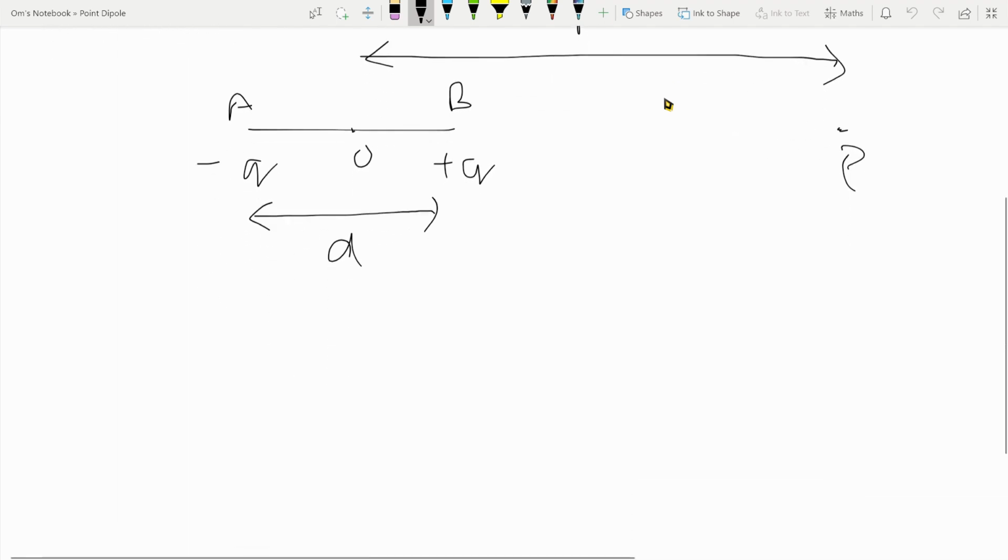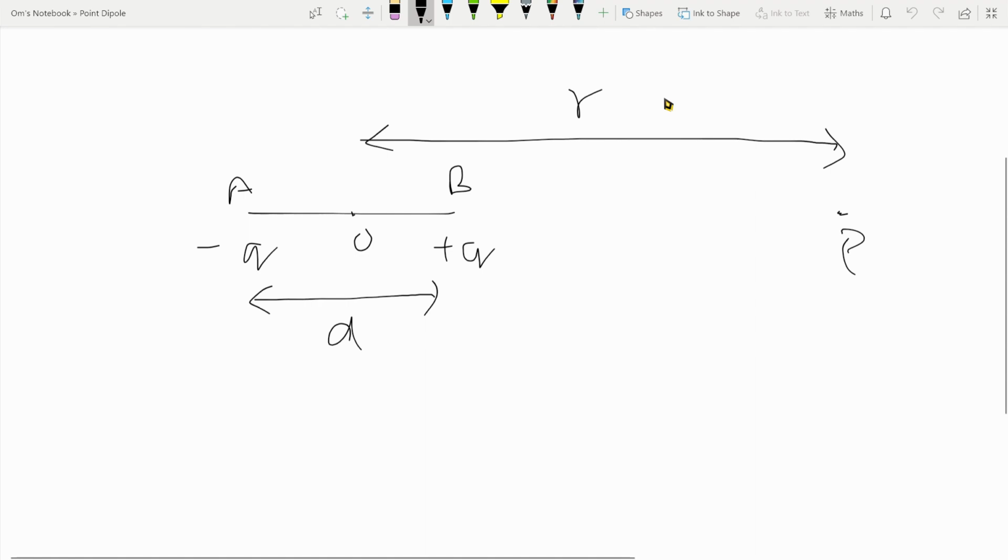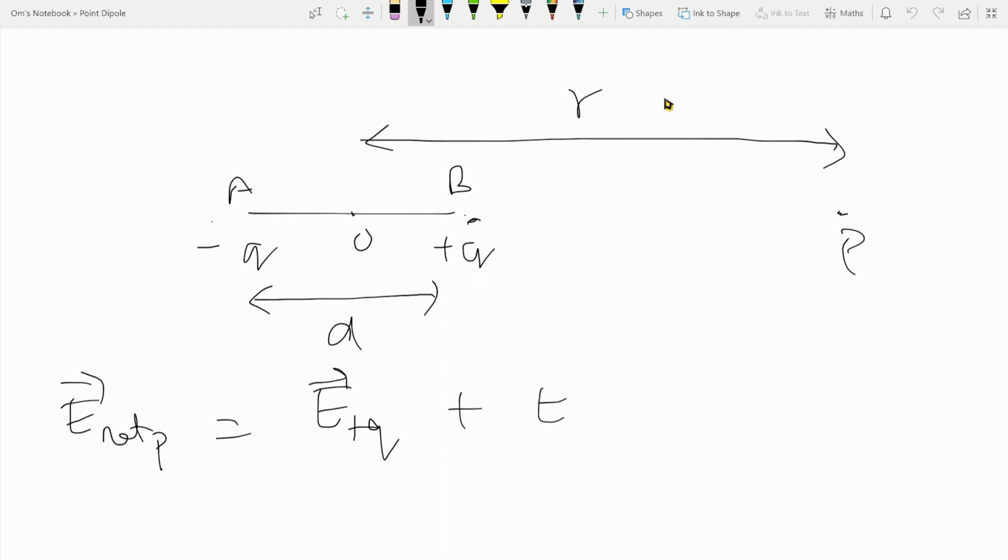Now the electric field at P is nothing but the vector sum of the fields due to both the charge plus Q and the charge minus Q. So we can write E net P is equal to E plus Q plus E minus Q. Since all 3 points lie in a single line, we can quite clearly see that the electric field due to plus Q, since it's positive, will be pointing away, and if I suppose this is the x-axis, then it is pointing along i cap, and the electric field due to minus Q is pointing along minus i cap because it's created due to a negative charge.